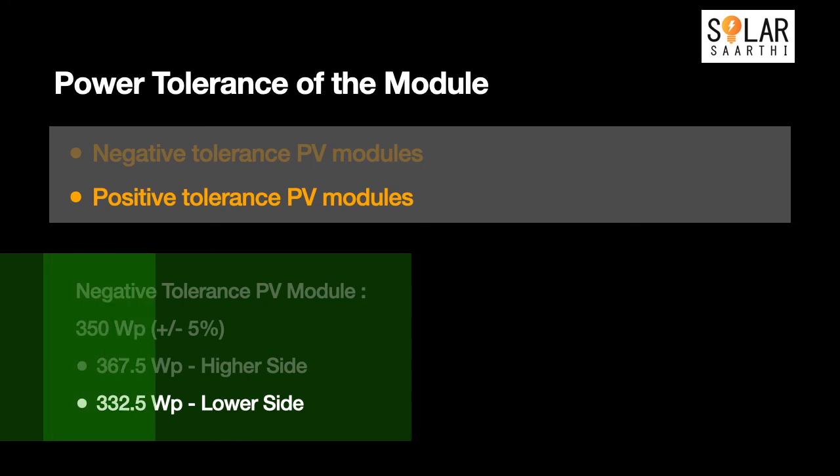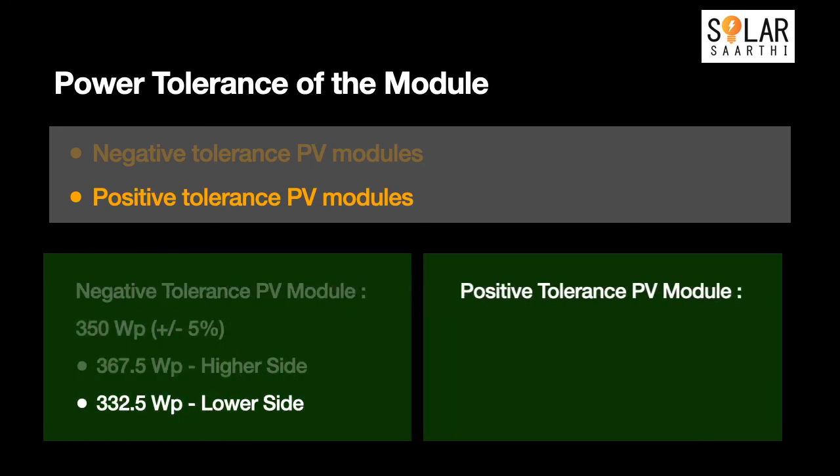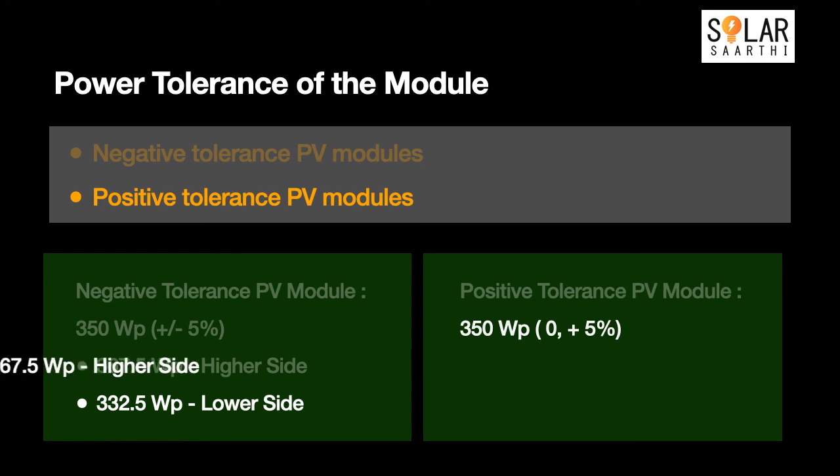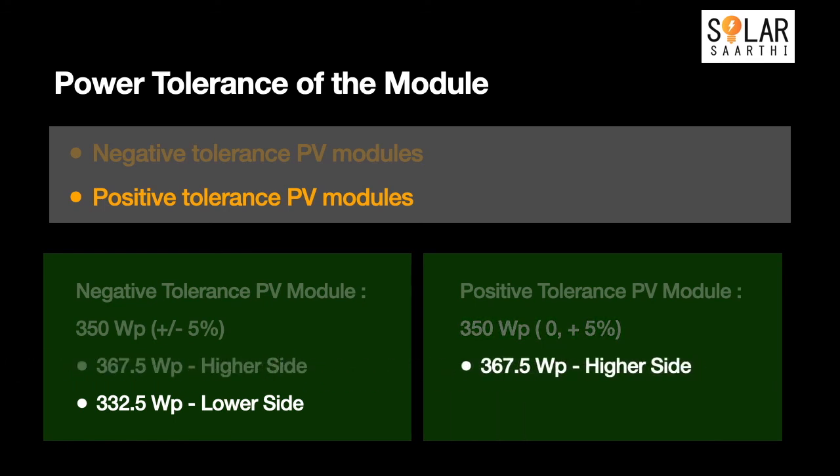But if we have a positive tolerance solar PV module, again, let's say a 350 watt peak module with a positive tolerance, in this scenario we have 0 plus 5%. That means there is no negative tolerance. The higher plus 5% will lead to a power rating of 367.5 watt peak, that is the higher side.